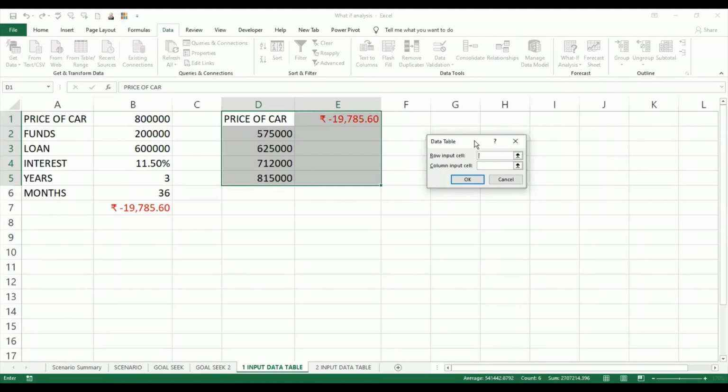Now, first of all, is my data in column or is in row? That's the first thing which comes to the mind. All the prices of the cars are in a column D. That means I'm looking at column input cell.